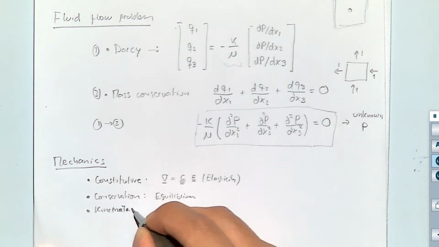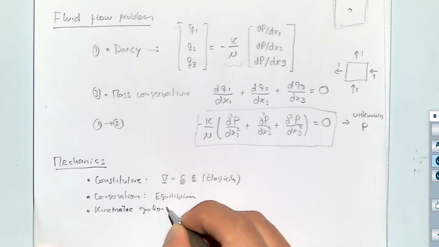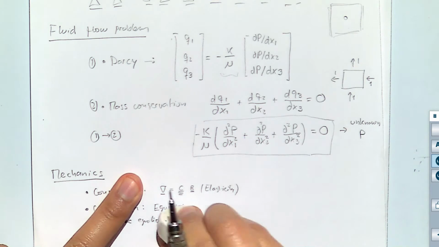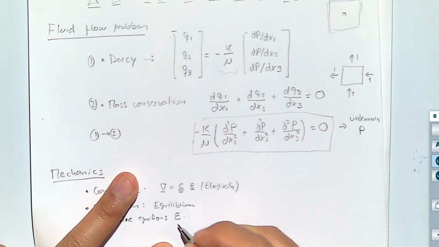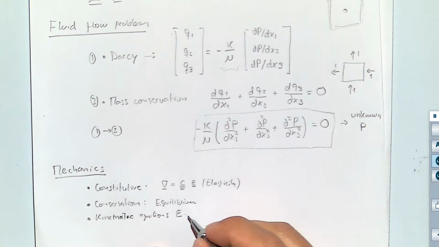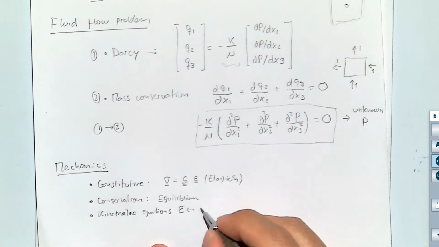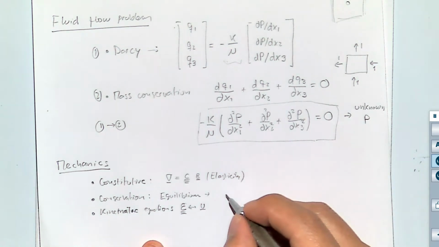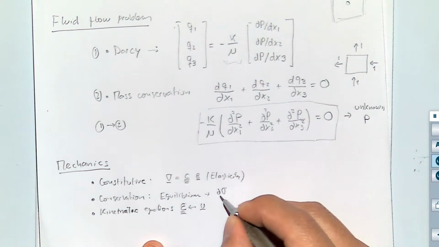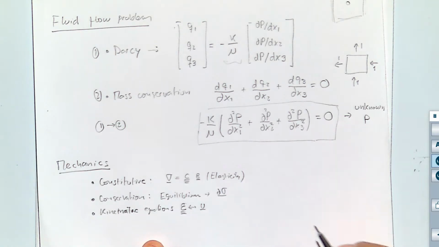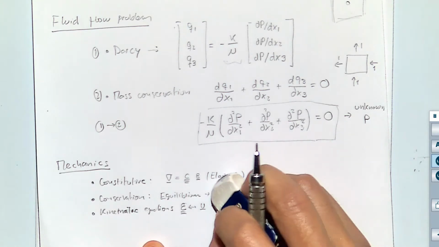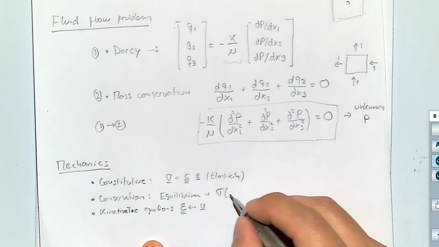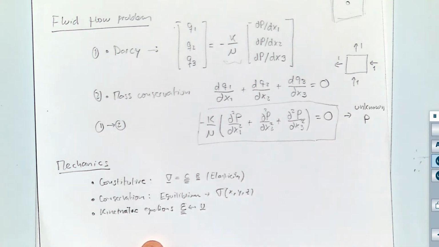Kinematic equations that tell you what are strains as a function of displacements. Strain as a function of displacements. And equilibrium tells you what is the variation of sigma in space. It's actually a little bit more complex, so just let me write. Sigma as a function of space.